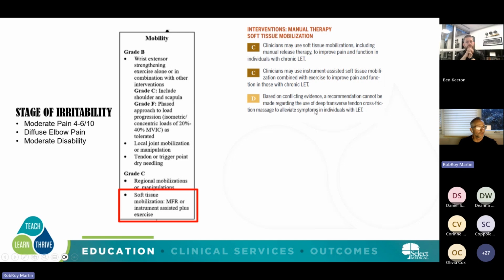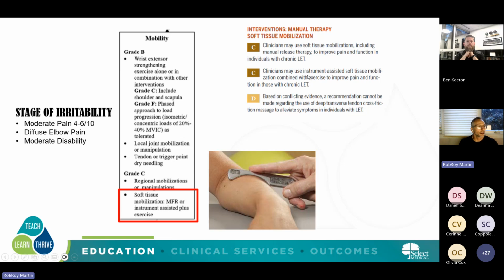Conflicting evidence was found for transverse friction massage, meaning some studies have positive effects, while other studies have negative effects. And I think we're all familiar with Graston tools or ASTYM tools. Whatever instrument assisted technique you'd want to use would come with a C recommendation in this group.